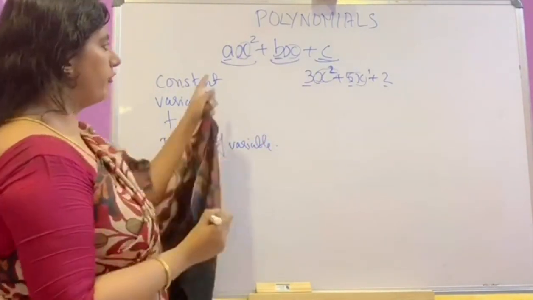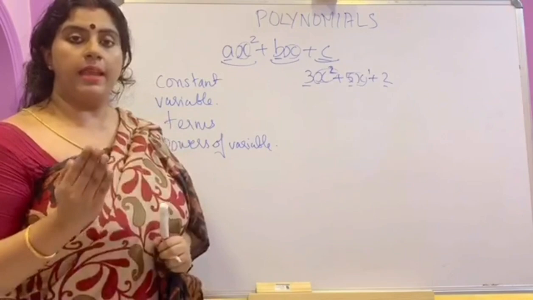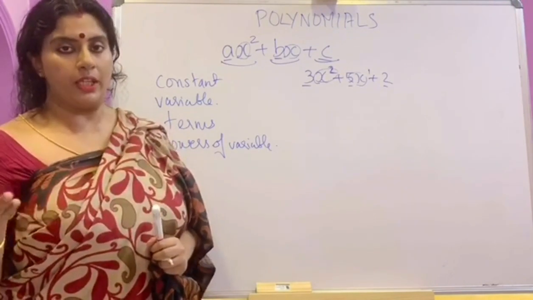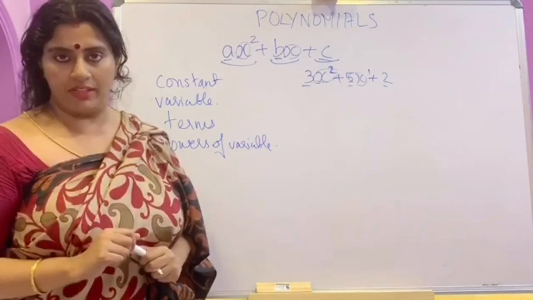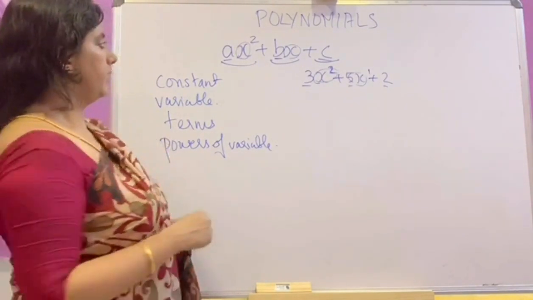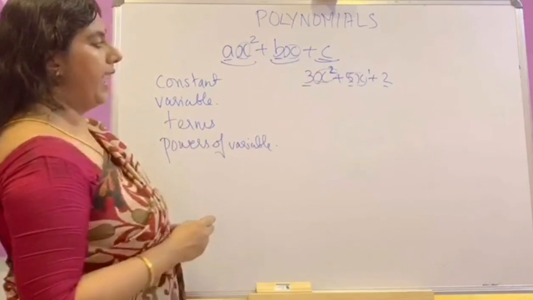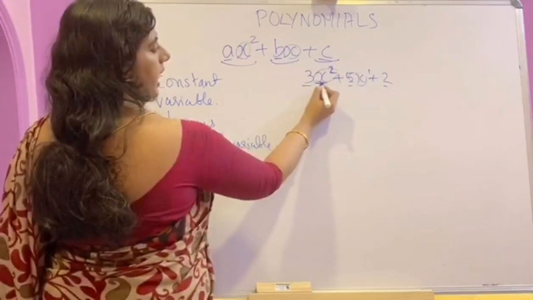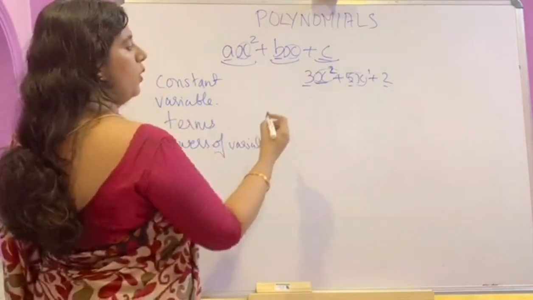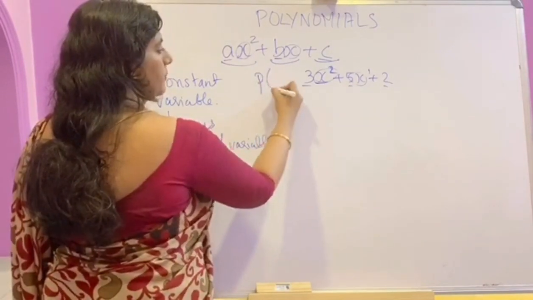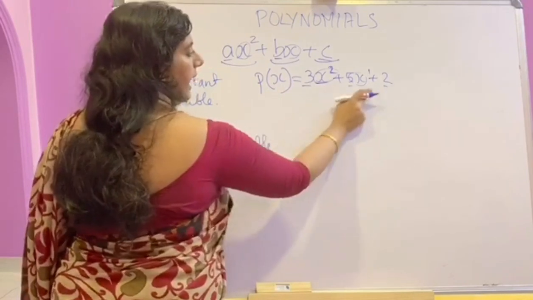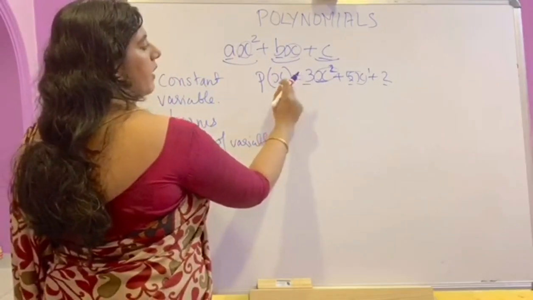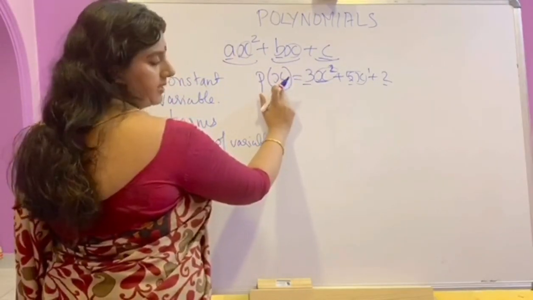In the case of a variable, we can name it as x, y, z, p, q, r, like that. And we can substitute values if needed or if asked. Here we can substitute the value of x as 1. Then we first name this polynomial p of x, because this is a polynomial in the x variable. That is why we have written p of x.